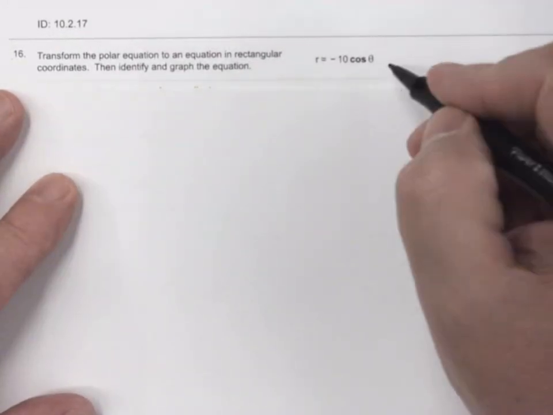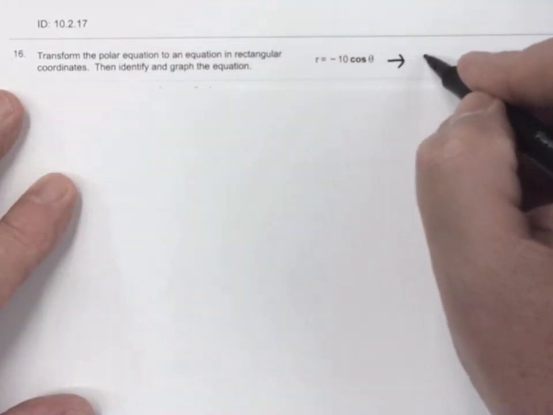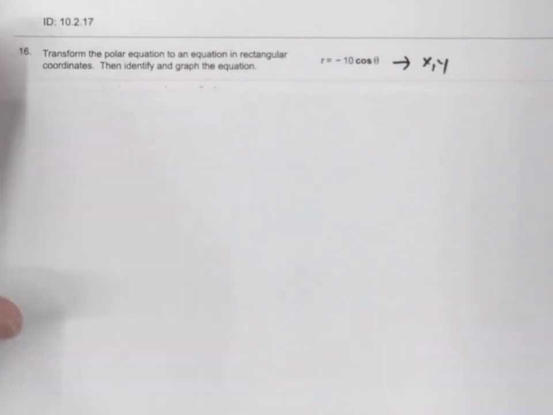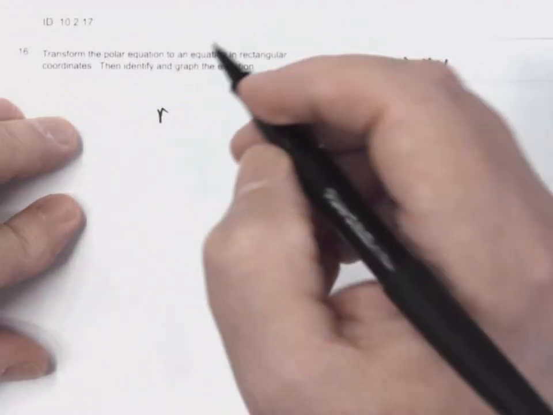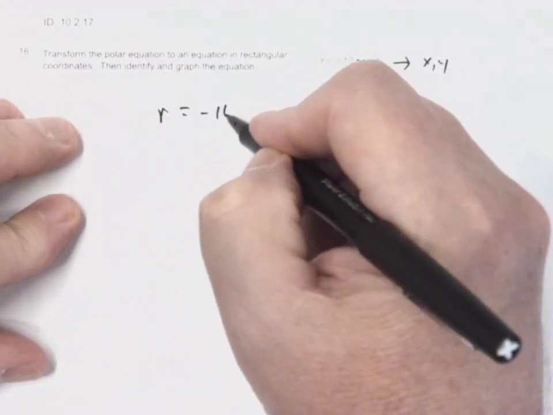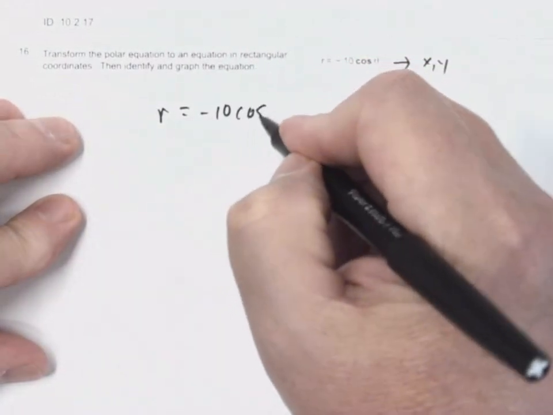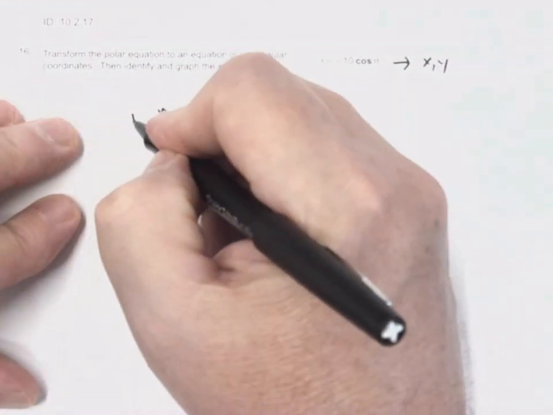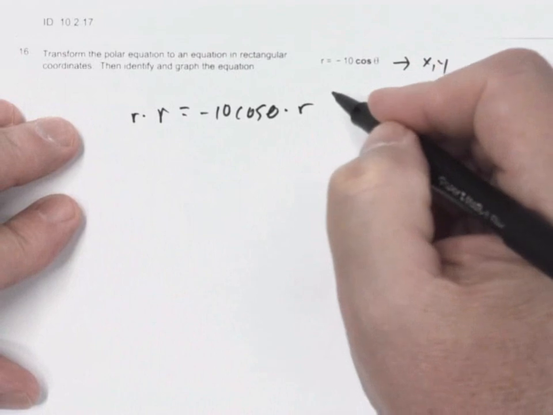So once again, we want to rewrite all of this to just have x's and y's. Sometimes this is like just little tricks you learn. So for this one, the little trick you learn is I'm going to multiply both sides by r.